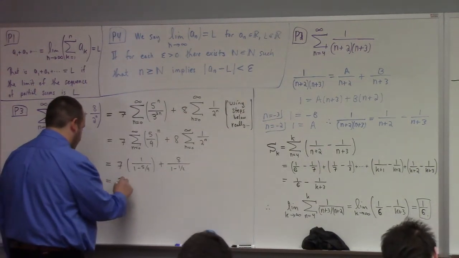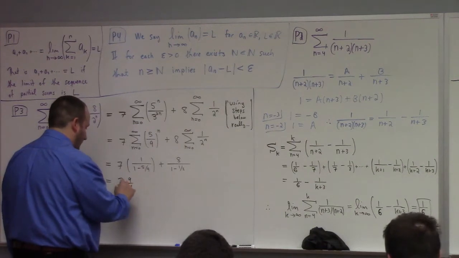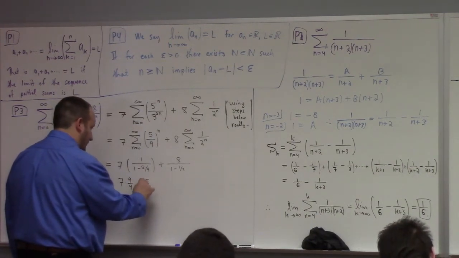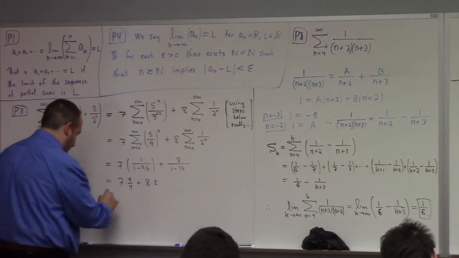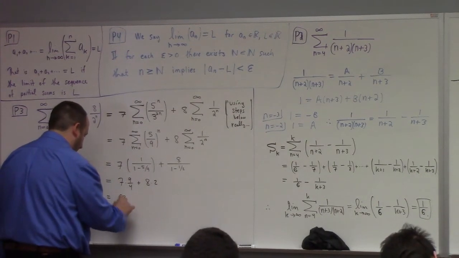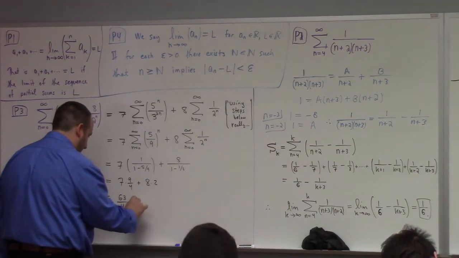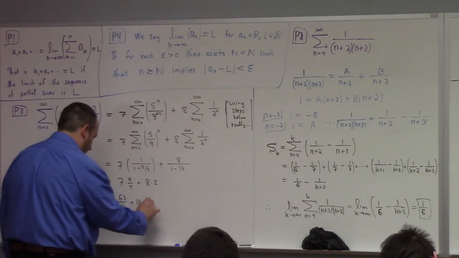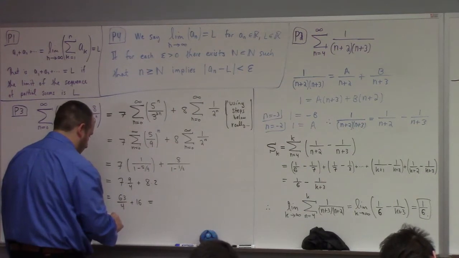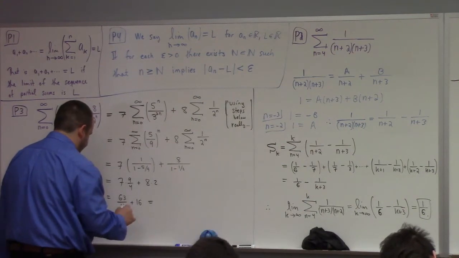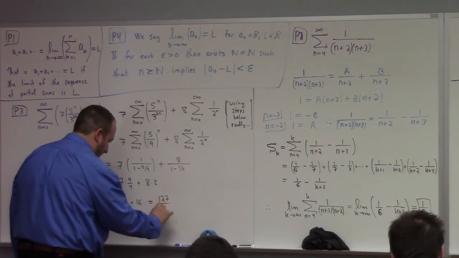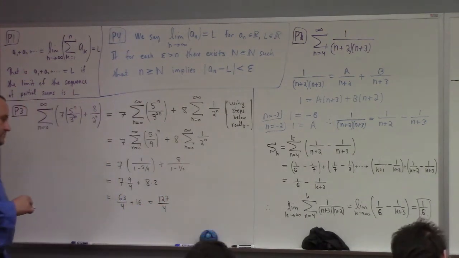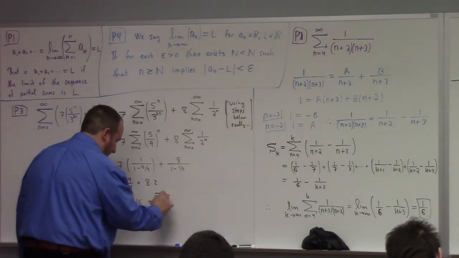So 7 times 9 over 4 plus 8 times 2, whatever that is, 63 over 4 plus 16, also known as 127 over 4, I guess. Good enough. So that converged as well.